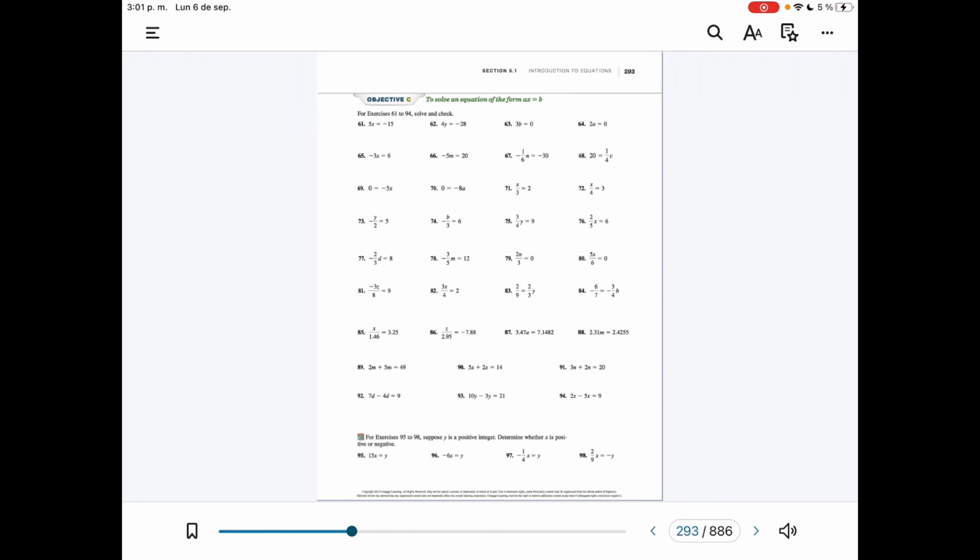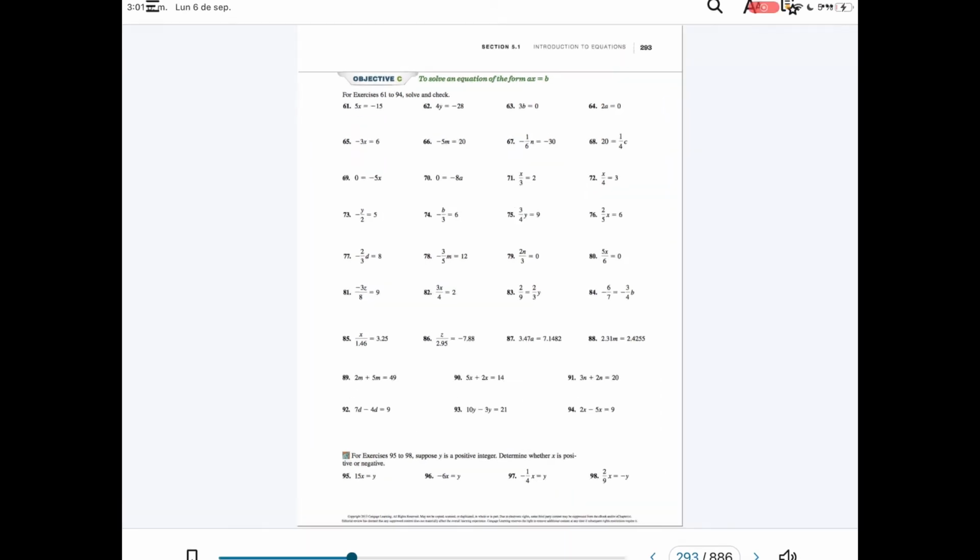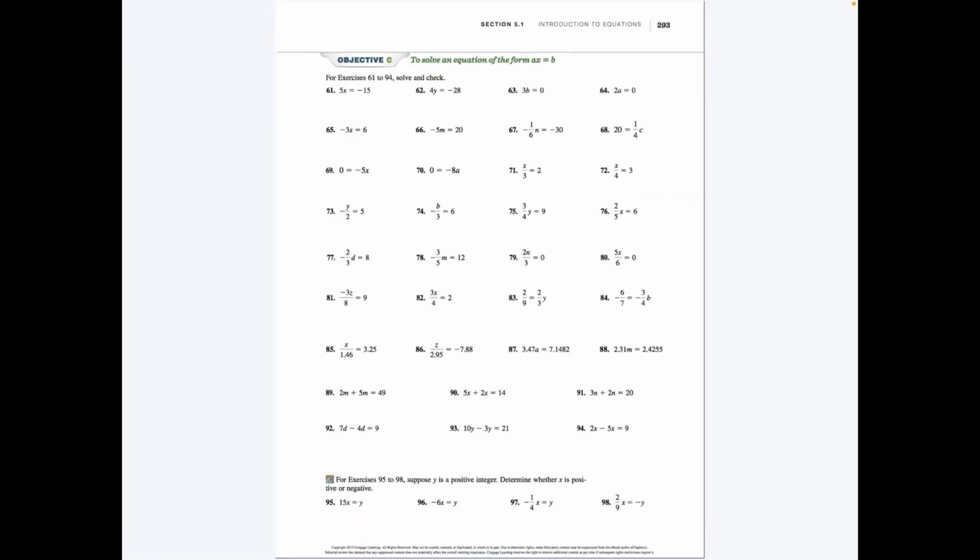You can pick any exercises, especially the ones from 73 to the bottom, because they're the most specific cases, and those are really good exercises to practice, and they cover all case scenarios, so that way you can experiment and practice how to solve linear equations.